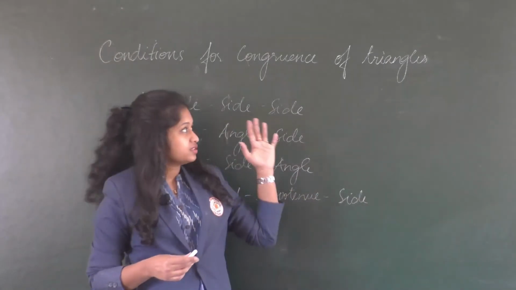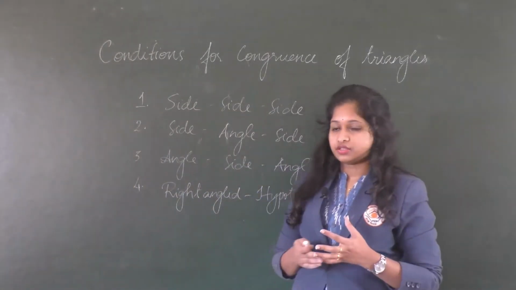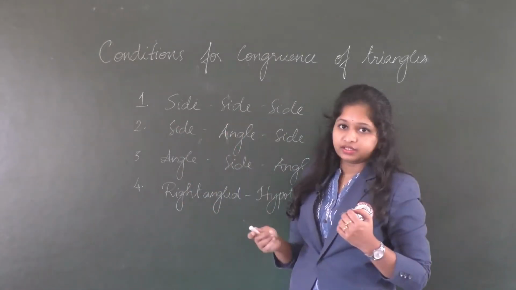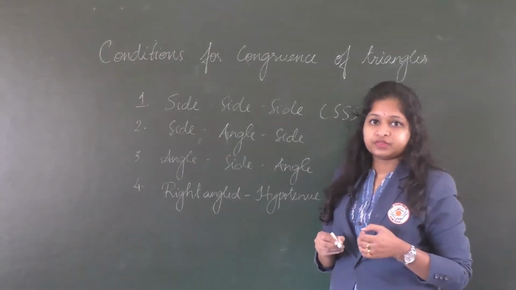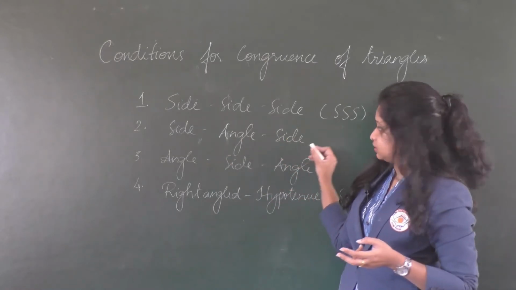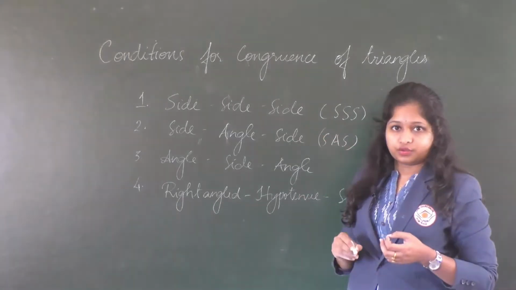But there are certain conditions for the congruency of triangles. First among them is side, side, side, that is SSS congruency. The second condition is side angle side, that is SAS congruency.